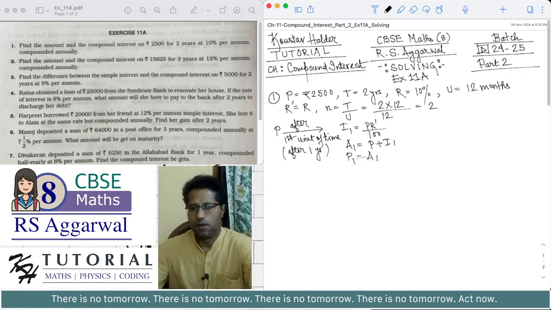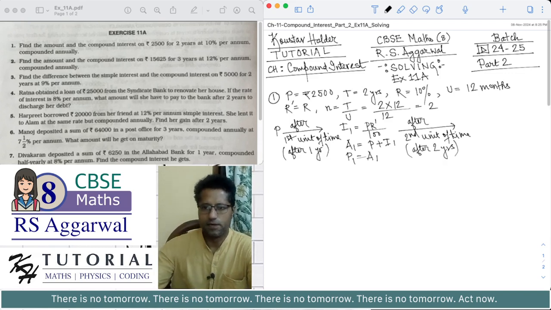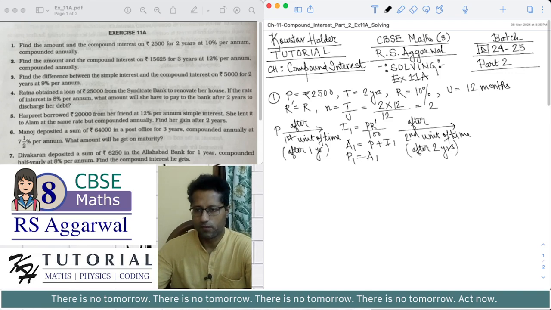Now again, after the second unit of time, or you can say after 2 years, that is the last unit of time, we have the interest I2 equal to P1 R dash by 100.